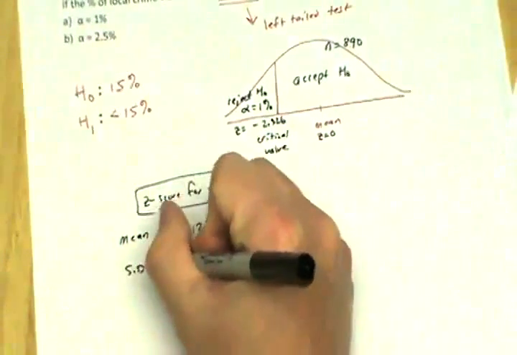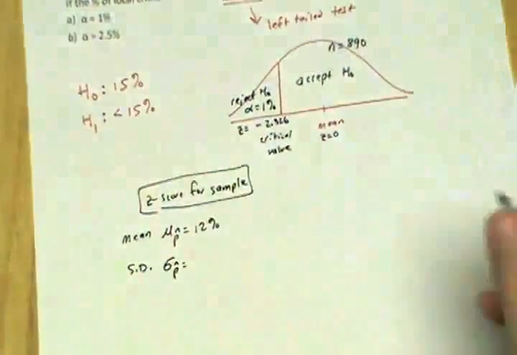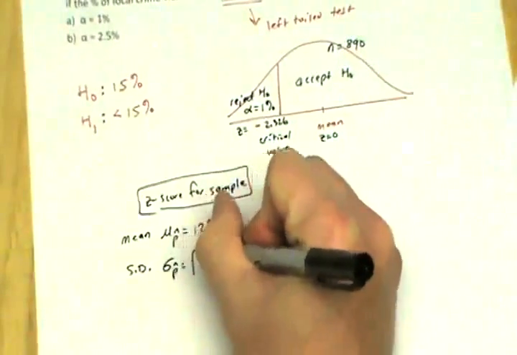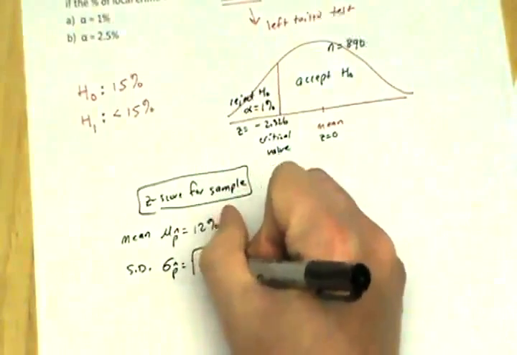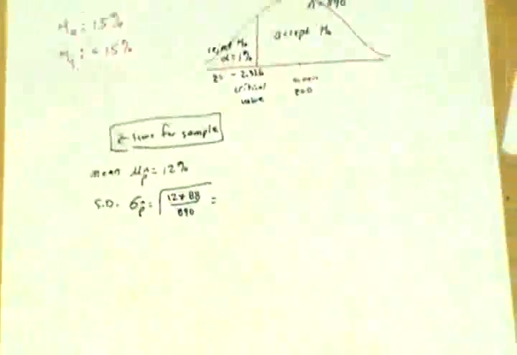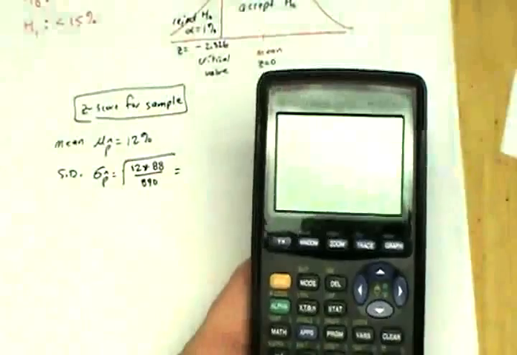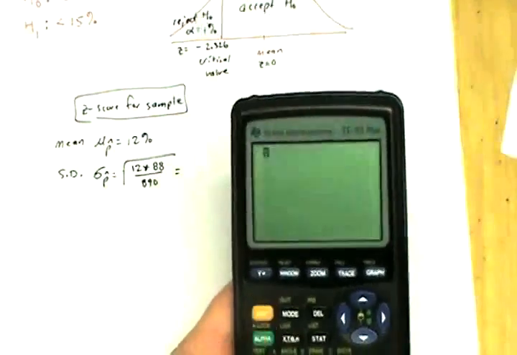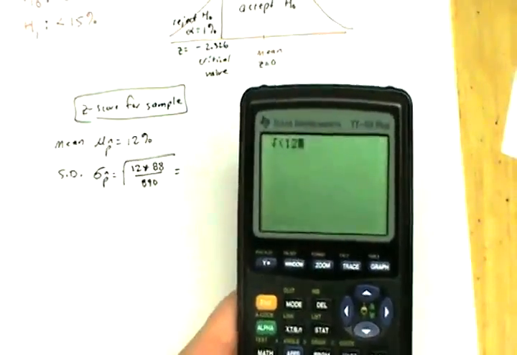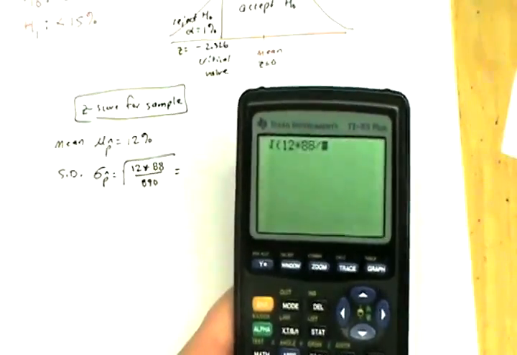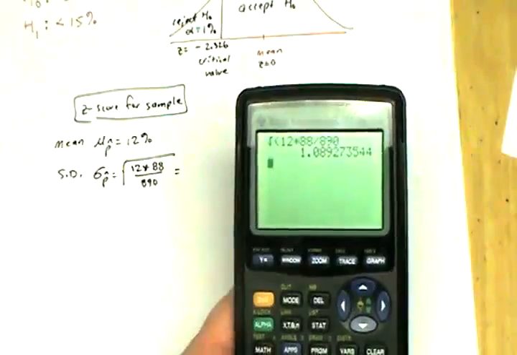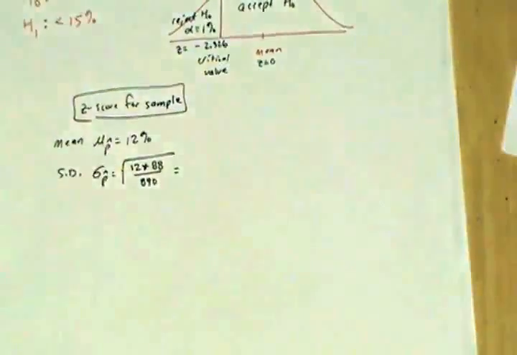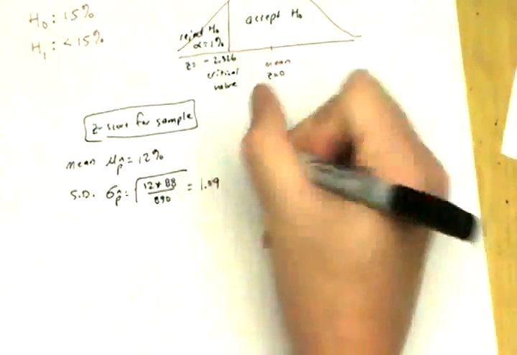Standard deviation, because it's a percentage, sigma sub p-hat, is the square root of p 12 times q 88 divided by the sample size of 890. So in our calculator, we're going to put in the square root of 12 times 88 divided by 890. And we're going to get back 1.09.